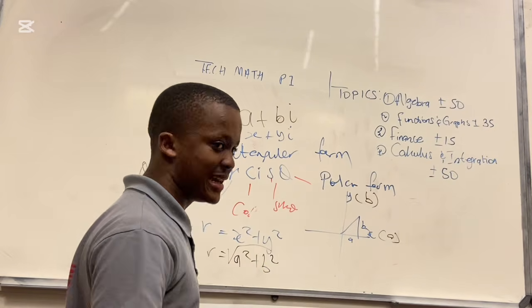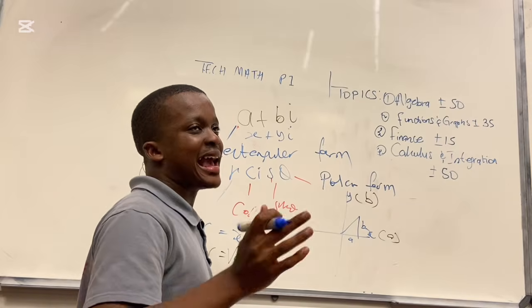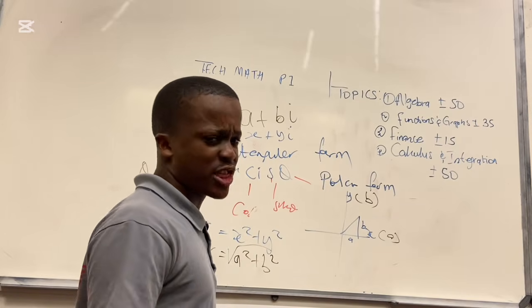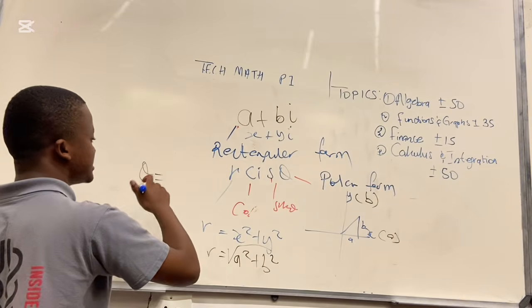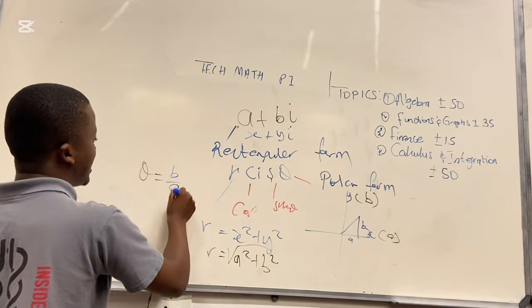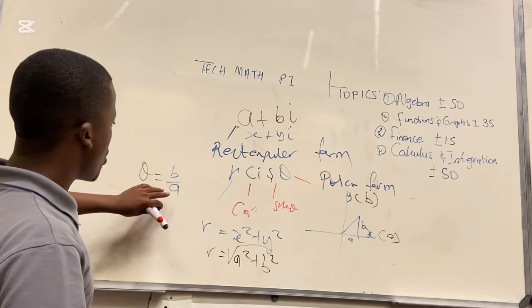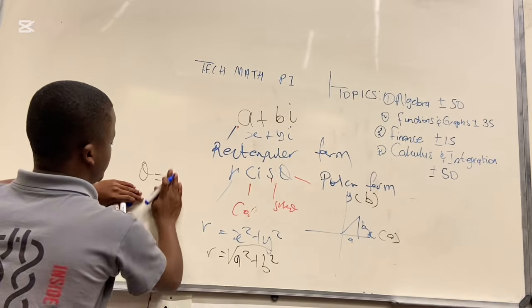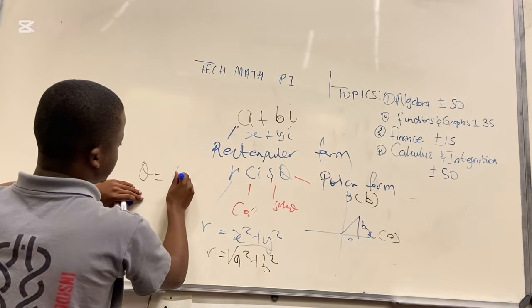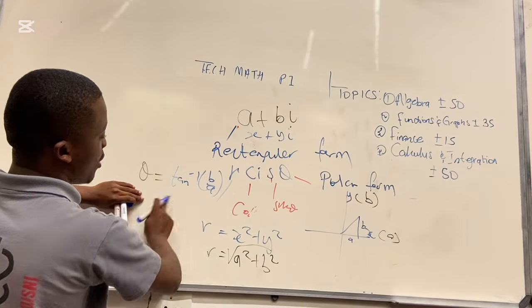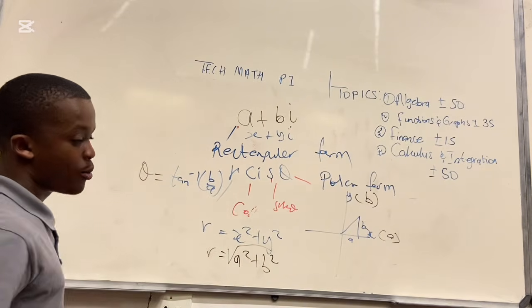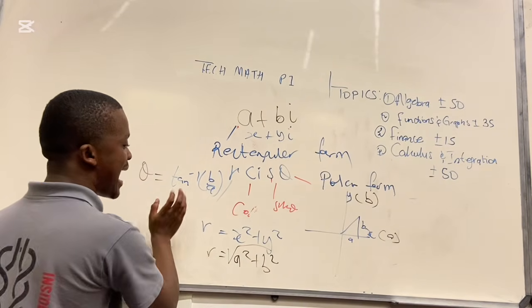Tan has nothing to do with the hypotenuse, so we have opposite over adjacent, which is b over a. So we have tan theta equals b over a, because we want the angle. Remember, we want the angle.